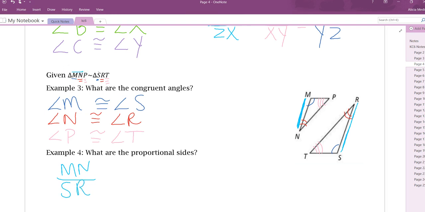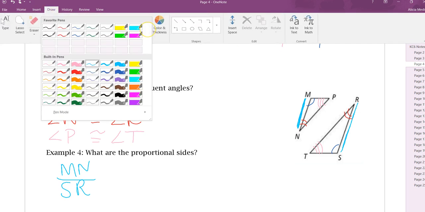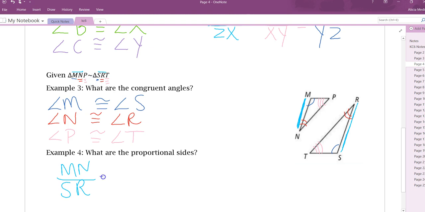MN goes with SR. That's going to be equal to, have you used purple? I don't think so. To the next side, we can say NP. Right, so NP, that's from red to pink. So from red to pink would be R to T.